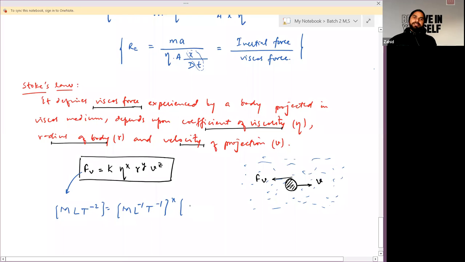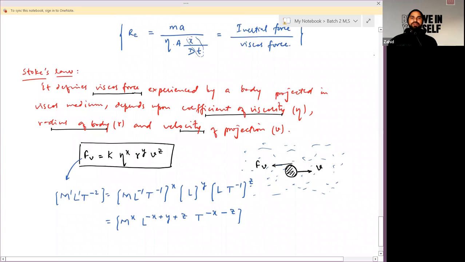R, radius, will be length, and velocity LT^-1 raised to z. On rearranging, you will get M raised to x, L raised to -x plus y plus z, and T raised to -x minus z. Just compare the exponents on each side to find the values of x, y, and z. Try to solve.